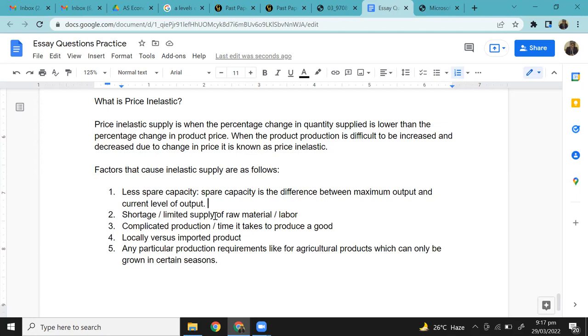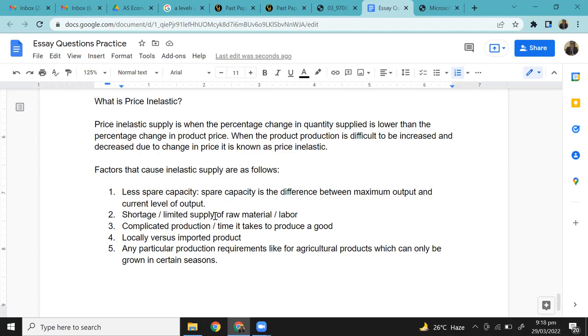On the other hand, for the second hotel, if only 500 rooms are booked, then there are 500 more rooms that can be rented out. So the second hotel has more spare capacity. So it is easier to increase supply, easier to accommodate more customers when demand picks up. Easy? We good? Can we move on?